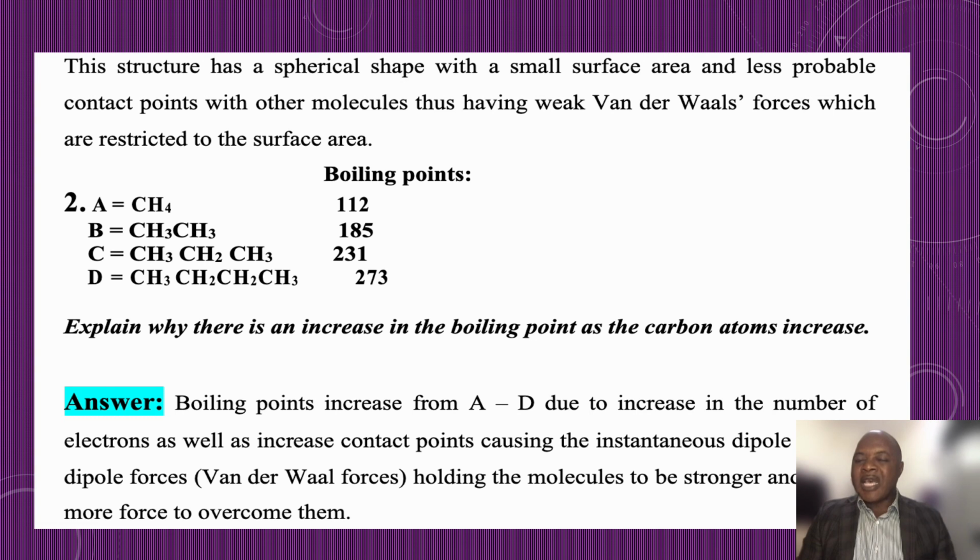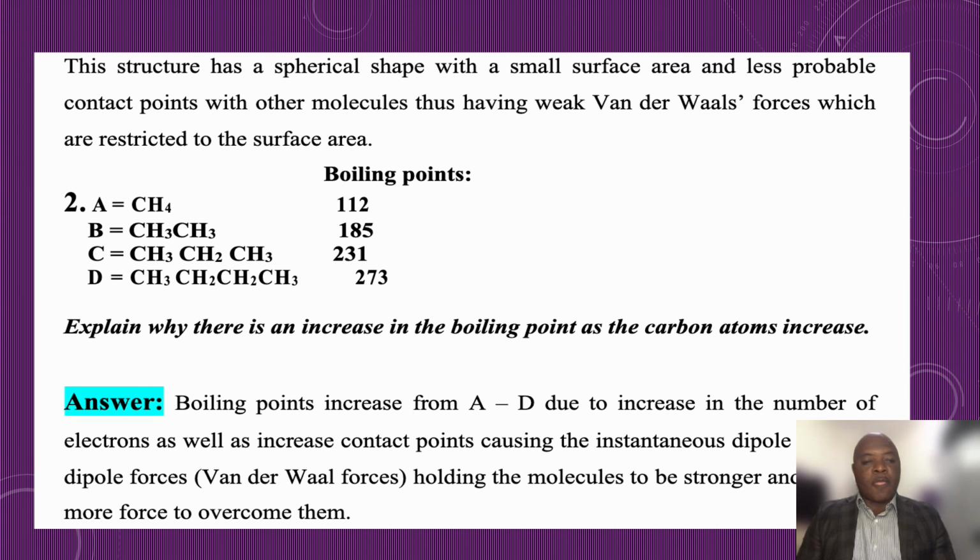Once more, it is spherical, has a small surface area, less contact points with other molecules. And for this reason, there are fewer van der Waals forces holding the molecules together. And with that, the van der Waals forces are weak, and just little energy is required to overcome them. So that is how you can differentiate between them.